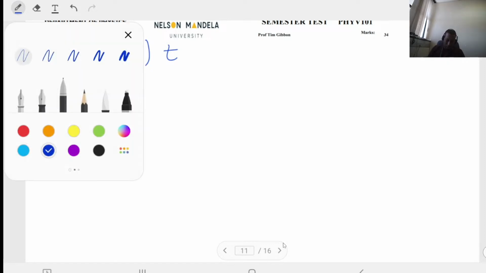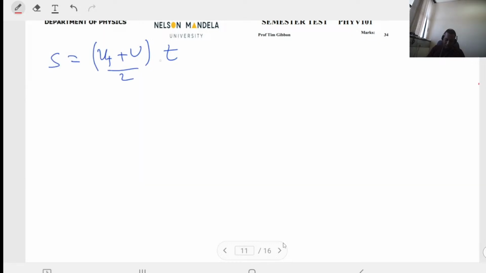In this equation, if you see, I have almost everything except that u. Then if I use this equation, I could say that 2s must equal v final plus u. Then u must be twice the distance minus the final velocity times... I'm rushing, I forgot the time.